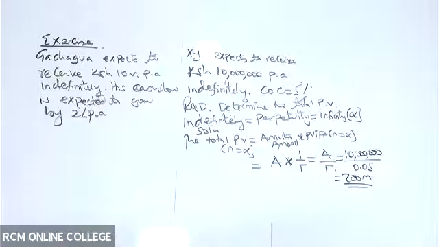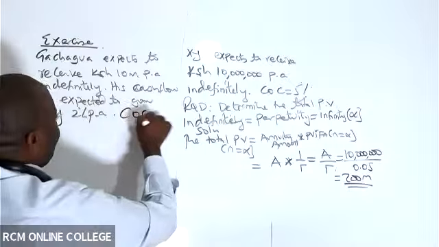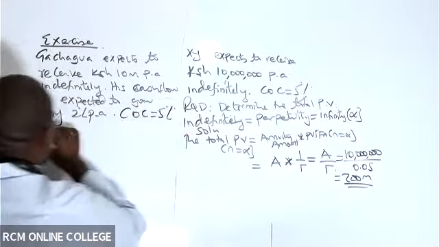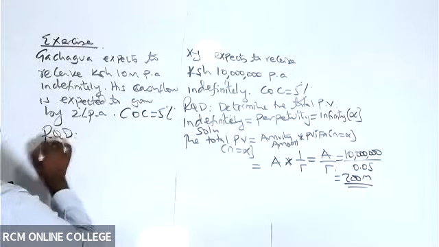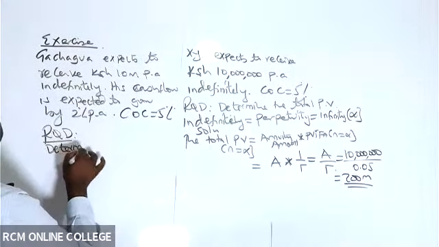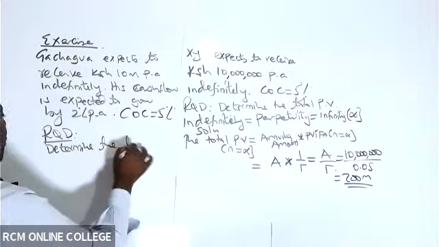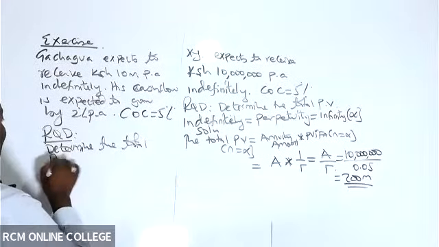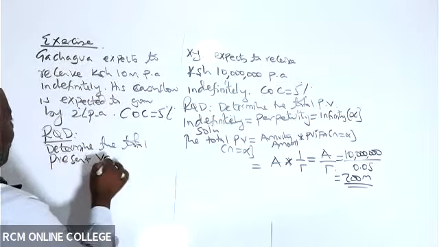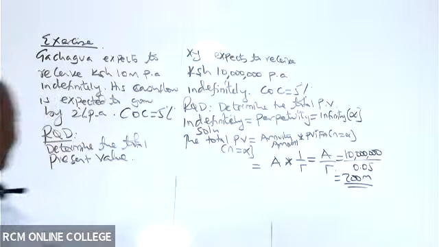The cost of capital is 5%. We are required to determine the total present value.